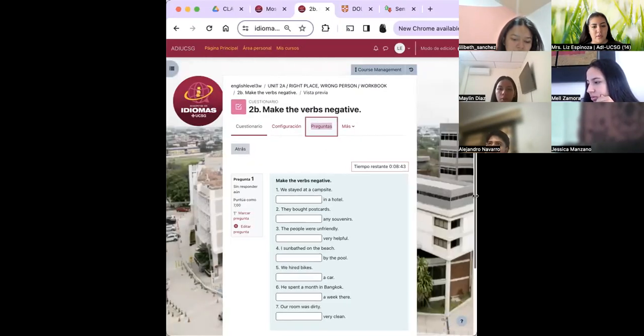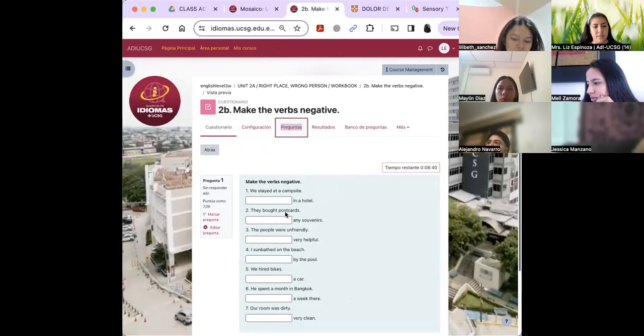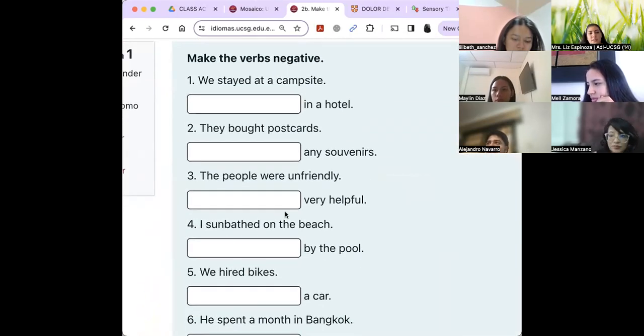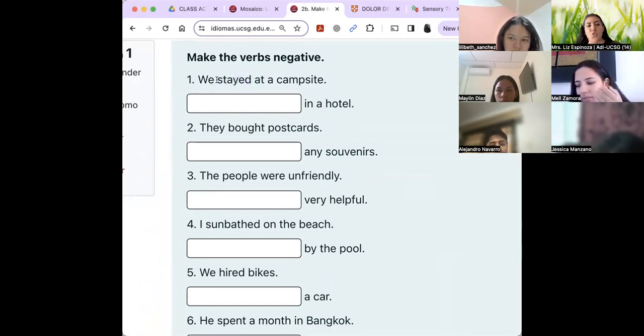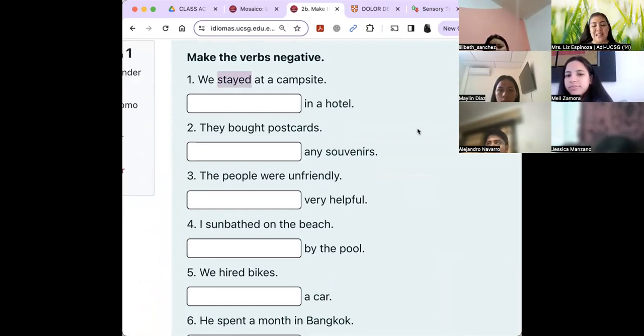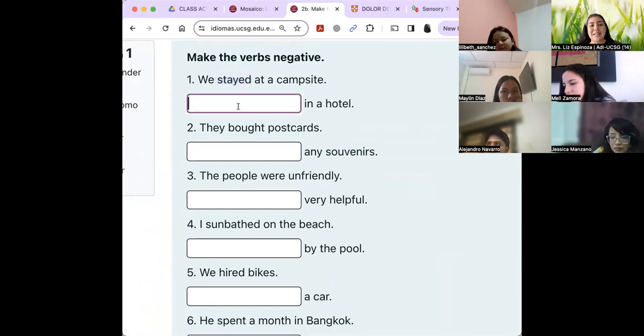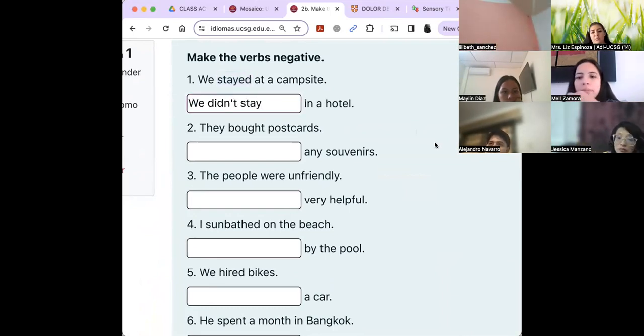It says, we stayed at a campsite. Stayed is the past simple verb, and now I need to change it into negative, and the teacher said that the auxiliary is didn't, and if I use the auxiliary, I don't need to conjugate the verb. The answer is we didn't stay in a hotel.